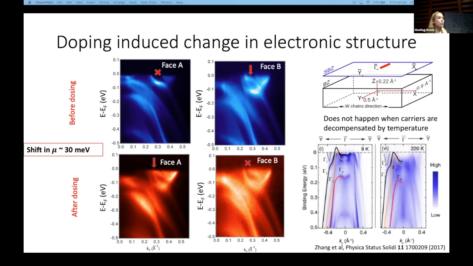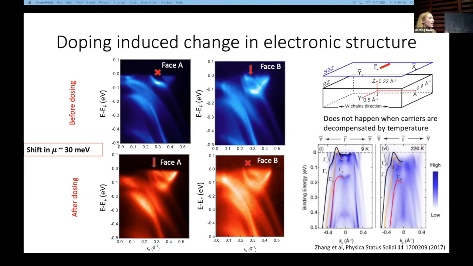Okay, so another way to decompensate electrons and holes in tungsten ditelluride is by raising the temperature. So it was found that this material undergoes a Lifshitz transition at around 160 Kelvin, where the hole pocket vanishes below EF, or rather it doesn't vanish, but it goes below EF.